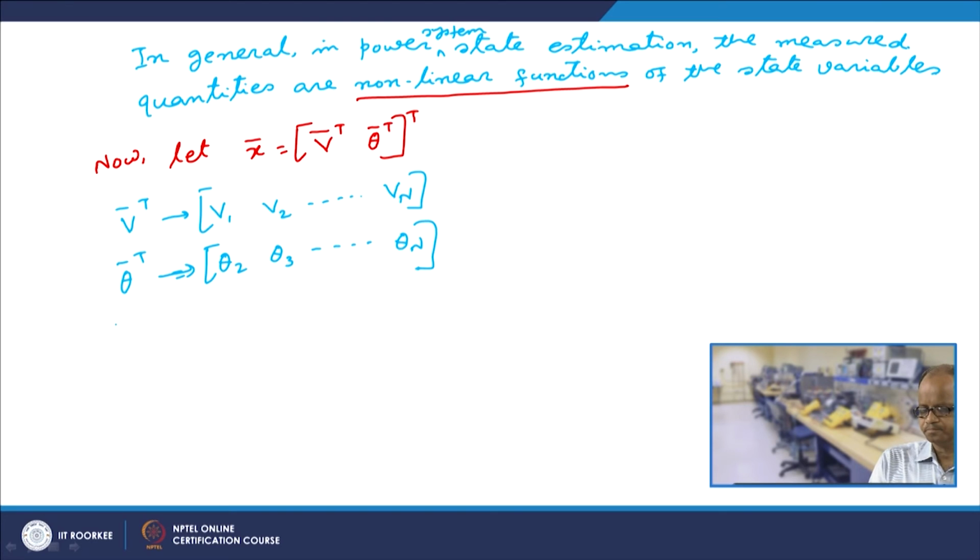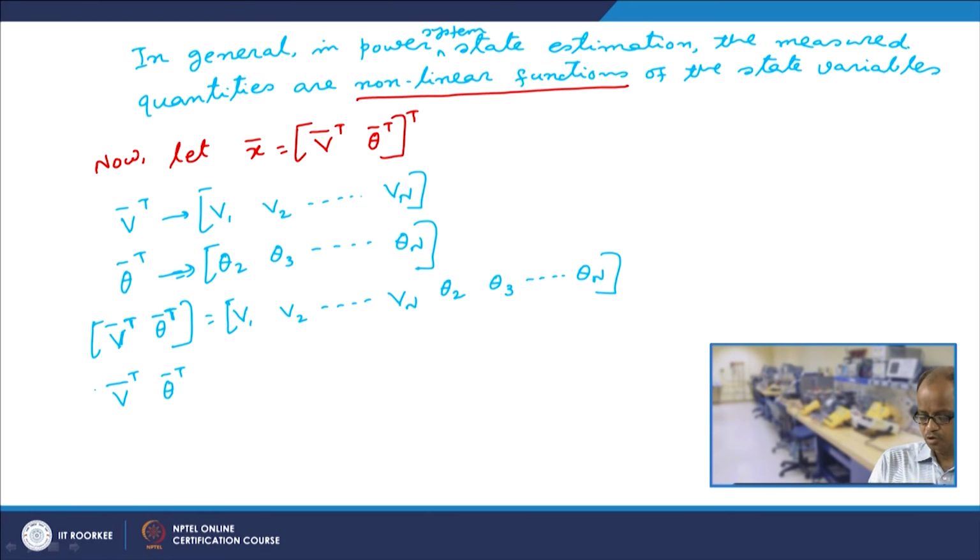So v transpose theta transpose is nothing but v1, v2, vn, then theta 2, theta 3, theta n, and taking the transpose of this, we simply make it a column vector.